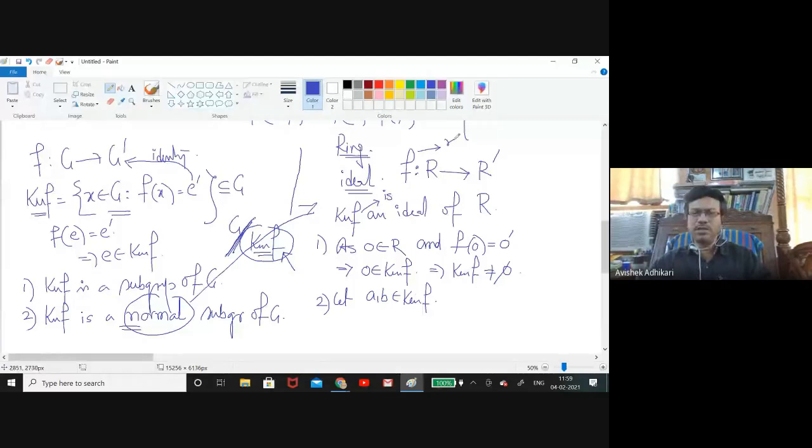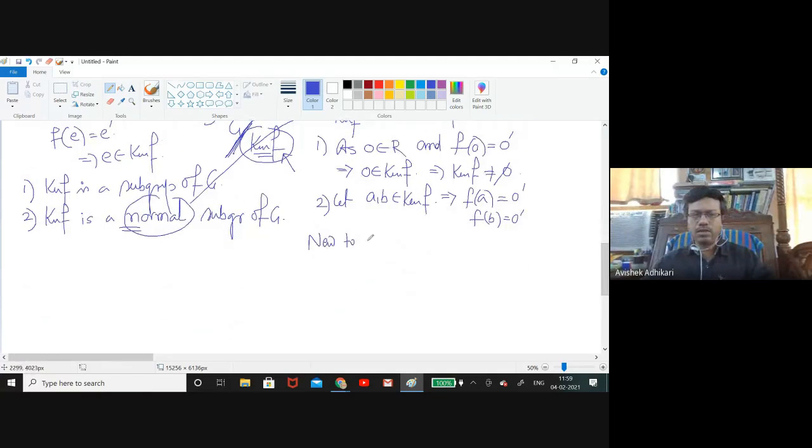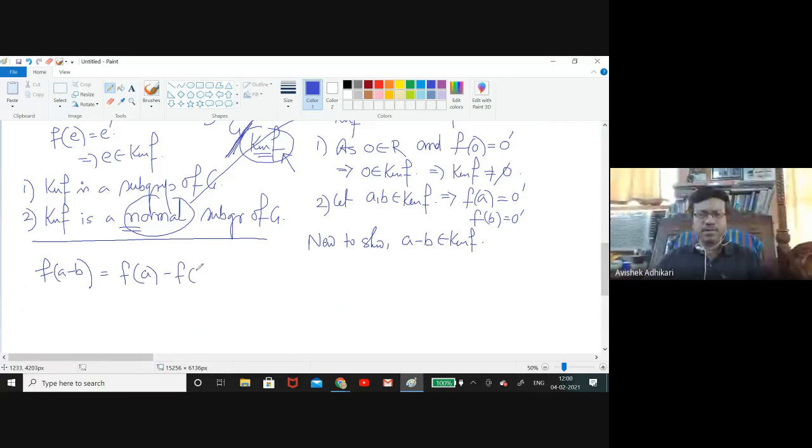Then F of a equals 0 dashed, F of b equals 0 dashed. We need to show that a minus b also belongs to ker F. F of a minus b, by definition of ring homomorphism, is F of a minus F of b, which is 0 dashed minus 0 dashed, which is 0 dashed.